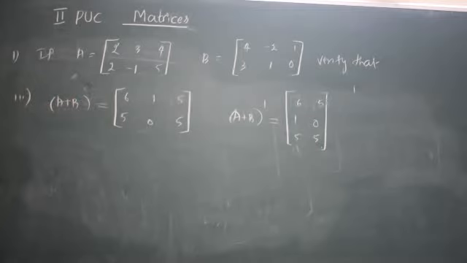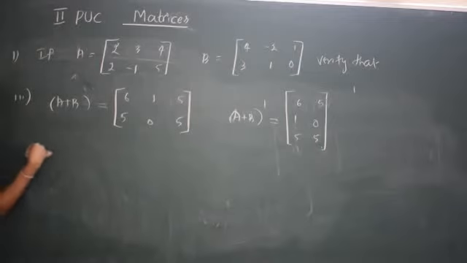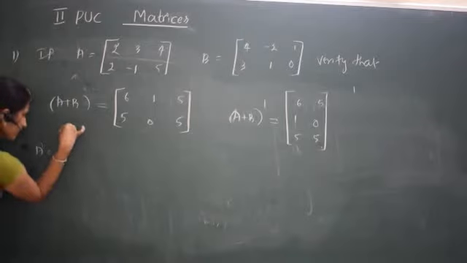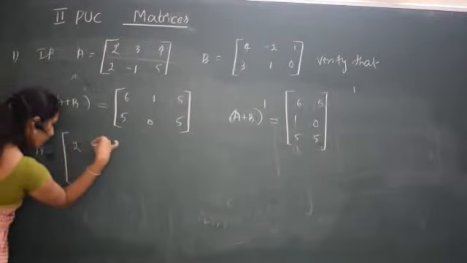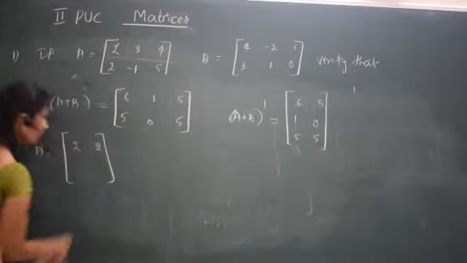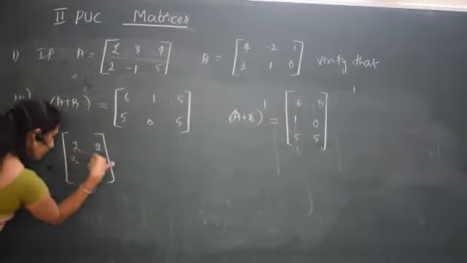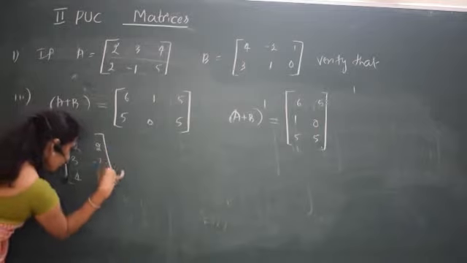Next we have to write A transpose and B transpose. A transpose, the transpose of A, is 2, 2, 3, minus 1, 4 and 5.